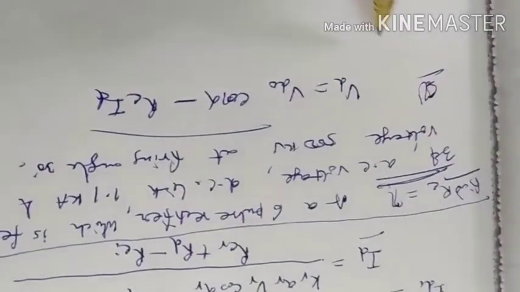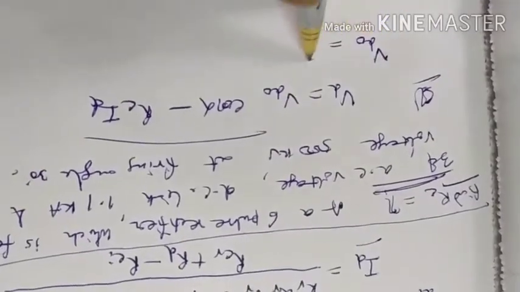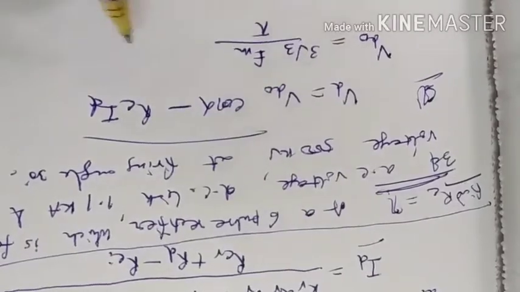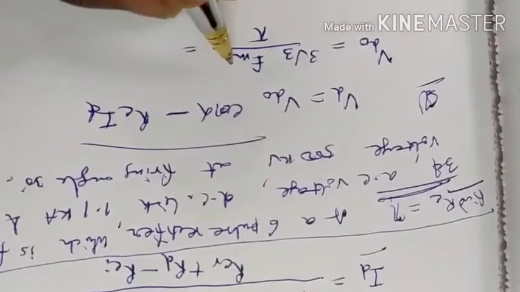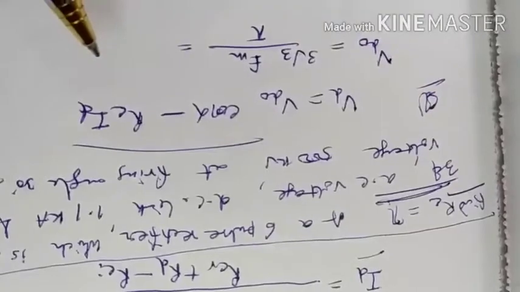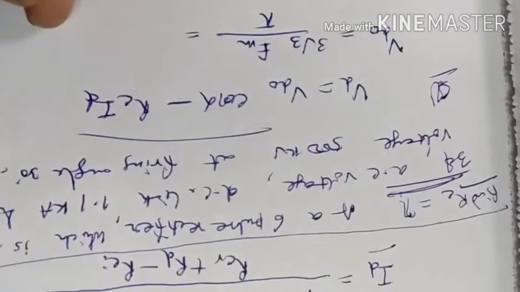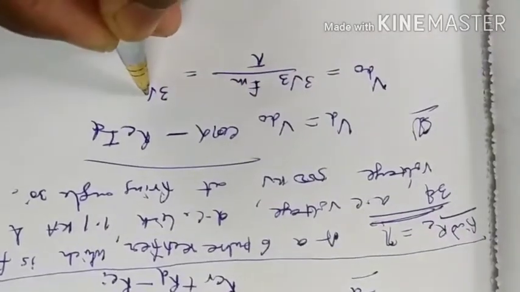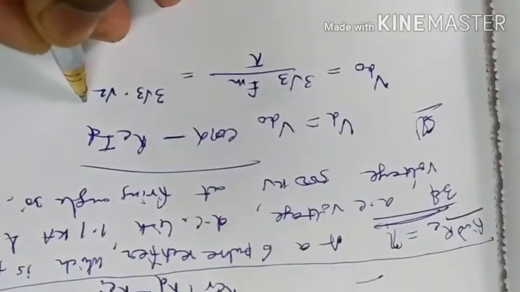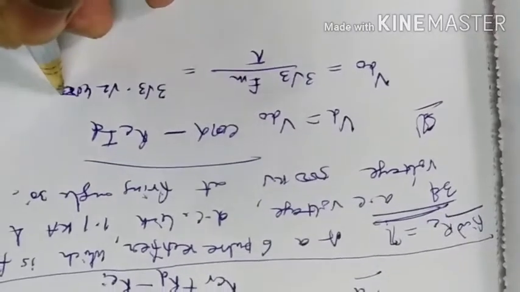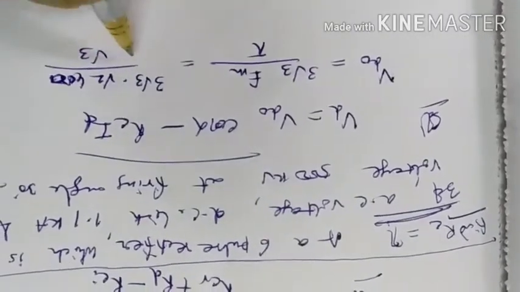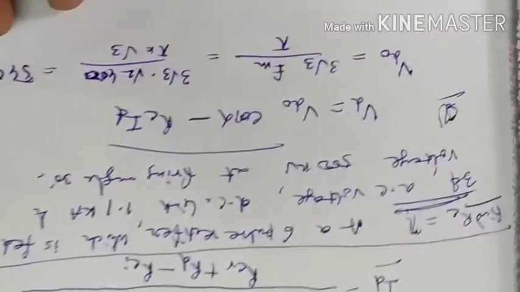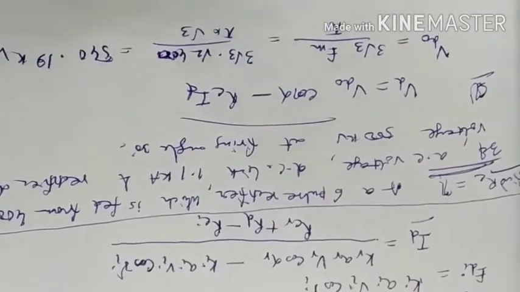VD0 is 3 root 3 EM by pi, where EM is 400 by root 3 kV, so the value comes to 3 root 3 into root 2 into 400 by root 3 and pi. That is calculated as 540.19 kV.